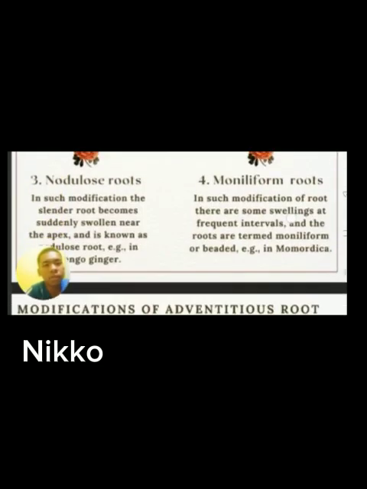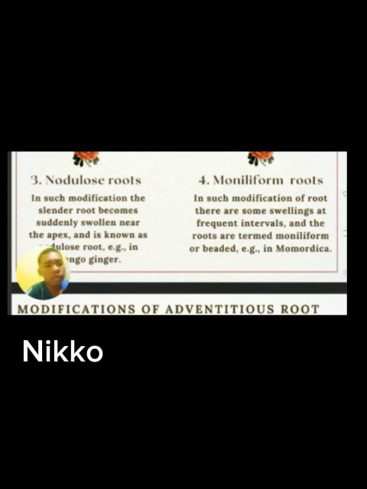Number 3, nodulous roots. In such modification, the slender root becomes suddenly swollen near the apex. This root gets swollen due to the accumulation of food. Example of this is mango ginger. Number 4, moniliform roots.